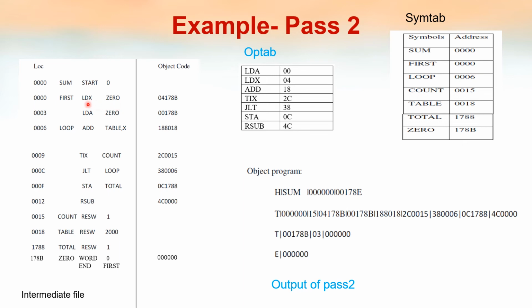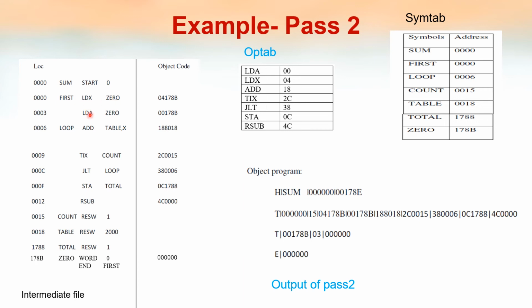So opcode LDX, what is the corresponding value of LDX? It is 04, obtained from the OPTAB, that is written in the object code as 04. And then the operand value, it is ZERO. The corresponding address of the operand will be obtained from the SYMTAB. For ZERO the corresponding value is 178B. So after 04, 178B is written.